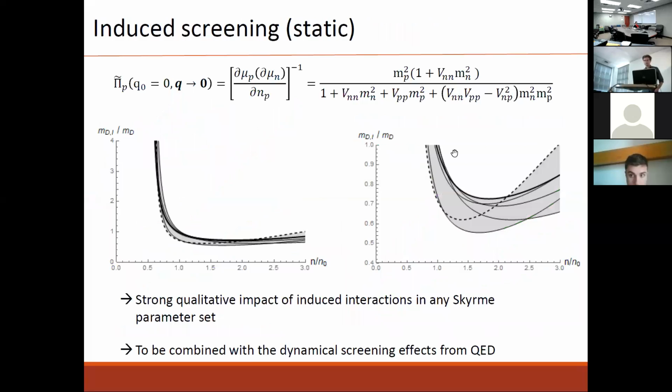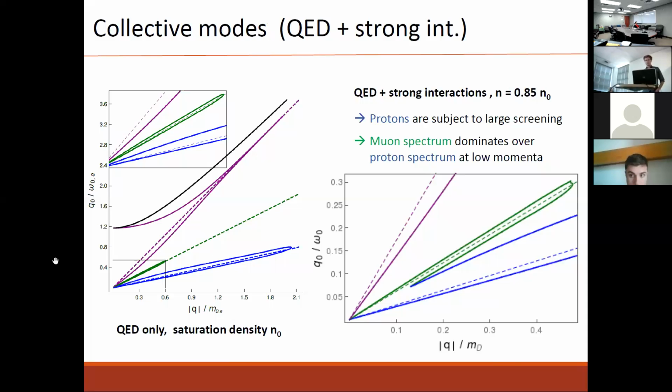If I'm at 0.8 saturation density, then it's better visible here. I see that my screening is strongly enlarged compared to what it would be without induced interactions. When I go to higher values, I can see that my screening gets reduced. So in this case of 0.8 times saturation density, my screening is strongly enlarged. The protons are subject to very strong screening coming from strong interactions, whereas the other particles, muons and electrons, are not.